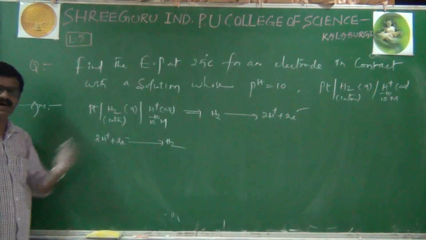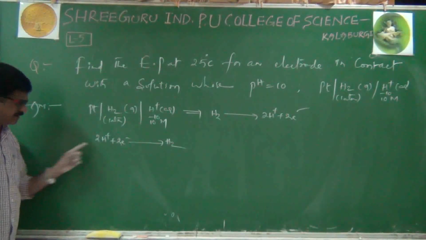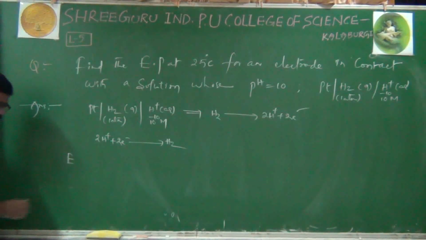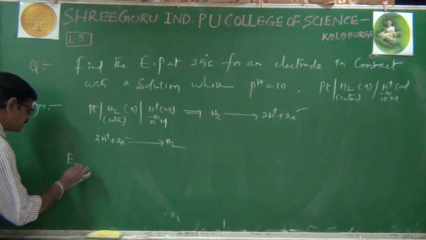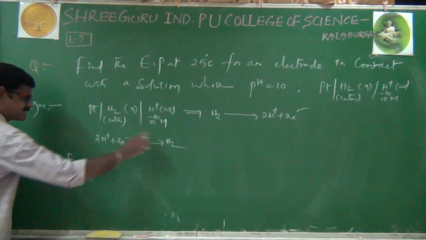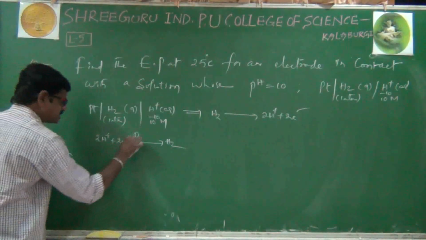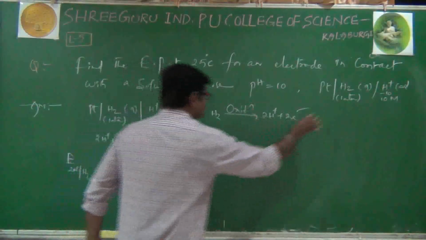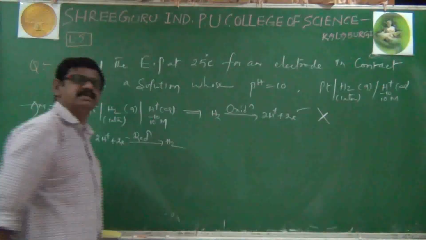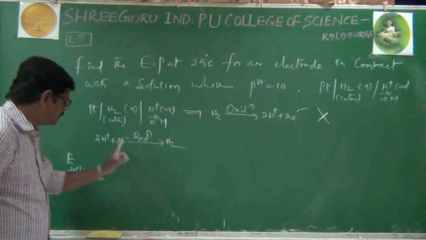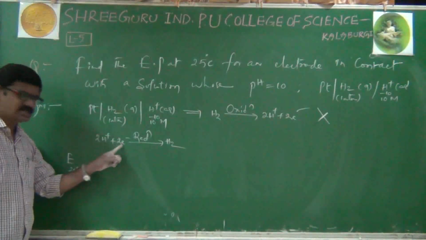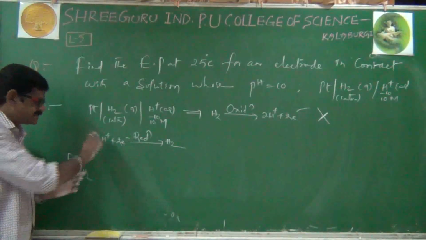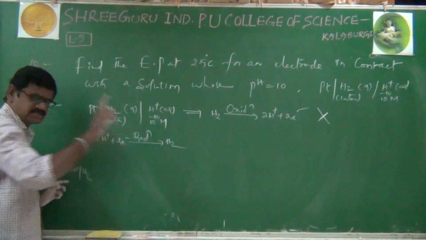Again our regular routine equation, reduction process, we will write the Nernst equation. E 2H plus oblique H2, H plus converted to H2. This is the reduction process, that is the oxidation process. This oxidation we are not taking into consideration, it has been converted into reduction because our Nernst equation, whatever reaction we are writing, is related to reduction process only.